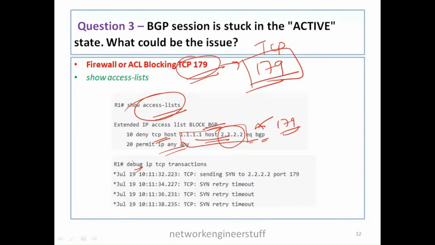This command will show what all the TCP transactions are currently going on on the router. Like here I have shown one example: this router R1 is sending SYN to 2.2.2.2 on port number 179, and it is timing out. So of course this TCP port number 179 has been blocked somewhere.